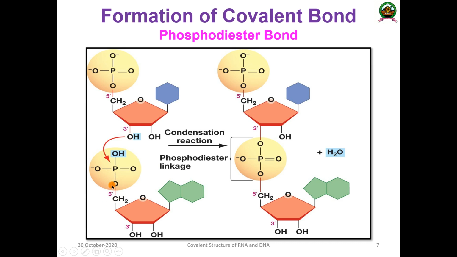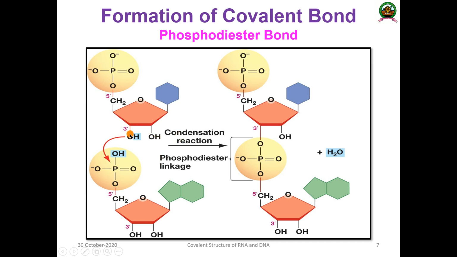Okay, and you can see how it is happening. This phosphate group is attached here, and this is P double bond O minus, and here you can see the hydroxyl group, and on the third position there is a hydroxyl group. On the fifth position, the hydroxyl group is attached along with the P. Okay, and this hydroxyl group and this hydroxyl group will undergo a condensation reaction, with removal of a molecule of water, H plus and OH minus.